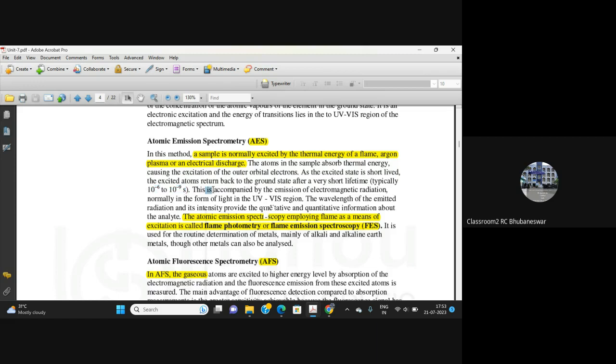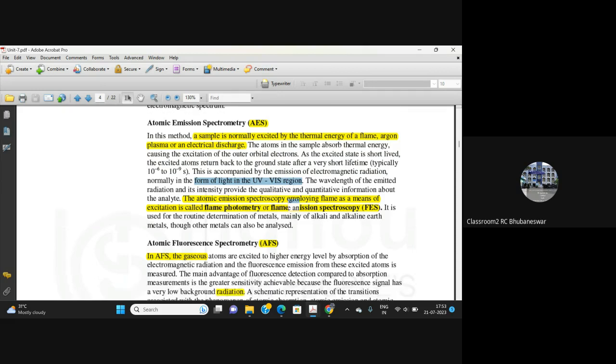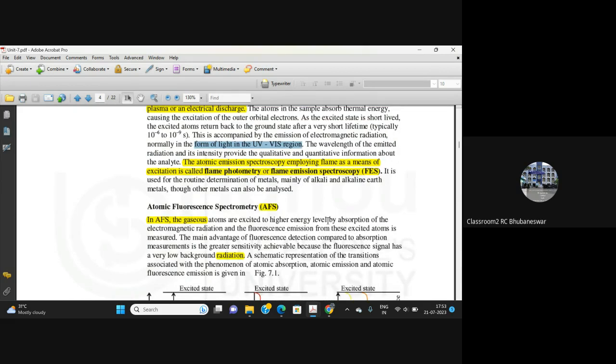This is accompanied by the emission of electromagnetic radiation, normally in the form of light in the UV visible region. That is why you are seeing the visible lights coming out of it. The wavelength of the emitted radiation and its intensity provide quantitative as well as qualitative information about the analyte.